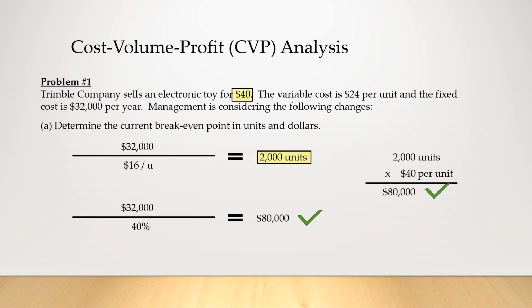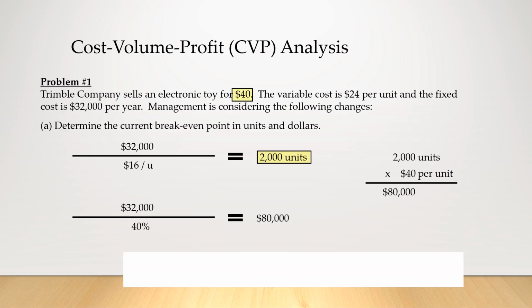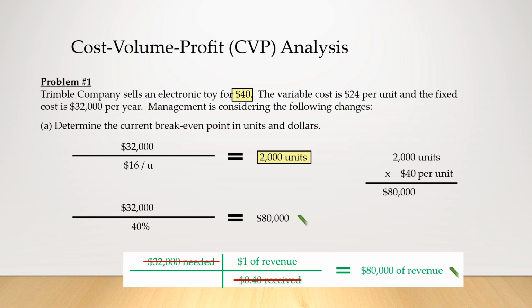Yet another way is to use dimensional analysis. Again, we need to generate $32,000 of income to cover our fixed costs. For every $1 of revenue that we bring in, we get to keep 40 cents as income. So we need $80,000 of revenue.